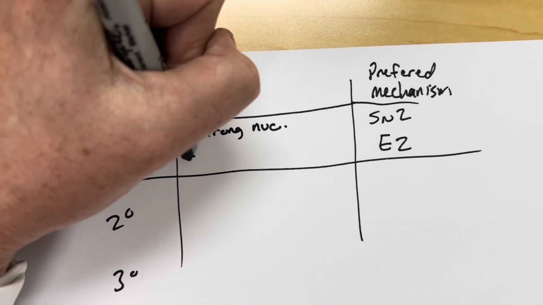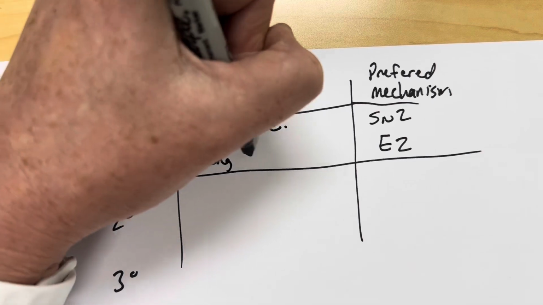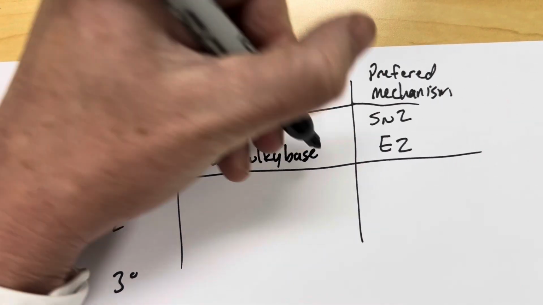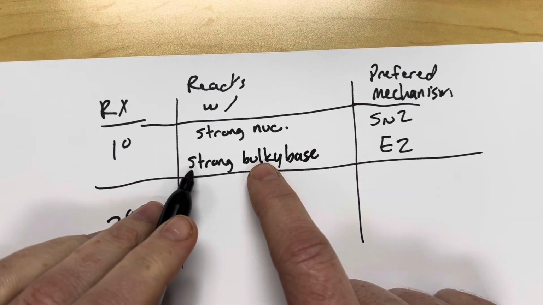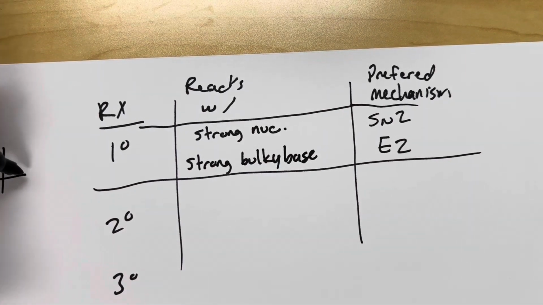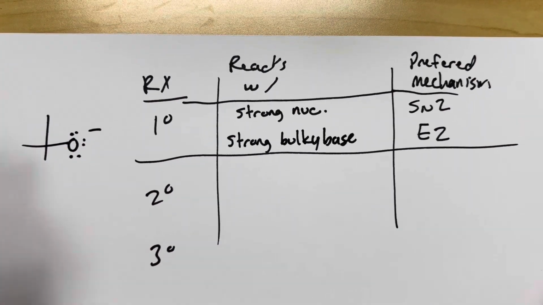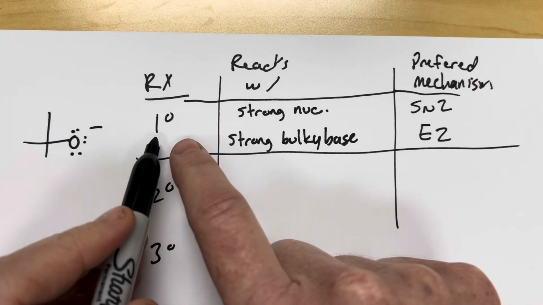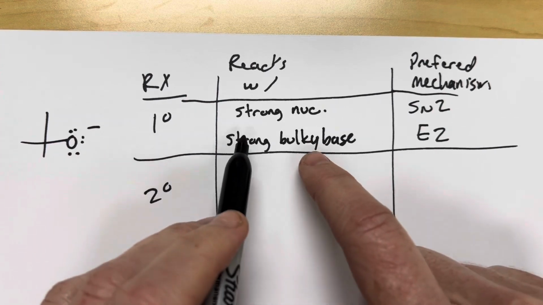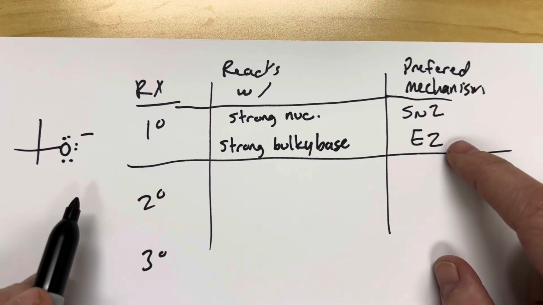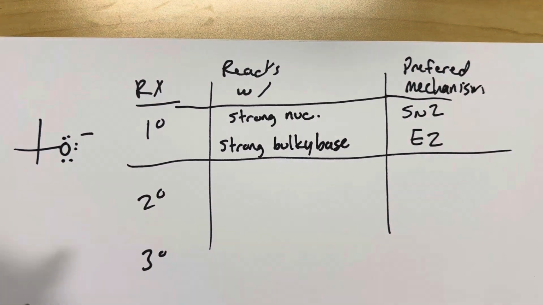But if you have a strong bulky base, aka something that would be a poor nucleophile, like we talked about, this in particular is usually the base that's used to do this. If we have a primary alkyl halide and a strong bulky base like this, it can't fit in and be a nucleophile, so instead it prefers E2.